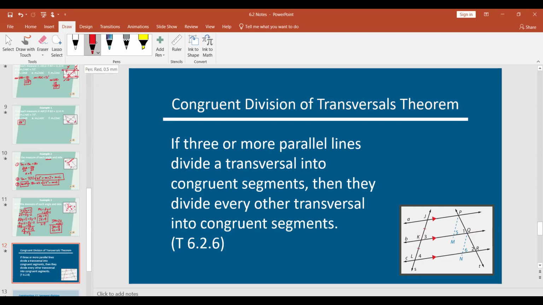They divide every other transversal into congruent segments. So again, these two are also going to be congruent because that's a different transversal, but those are the same 3 parallel lines, and therefore it proves additional congruency.